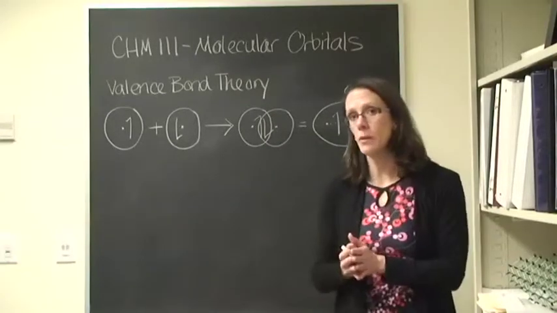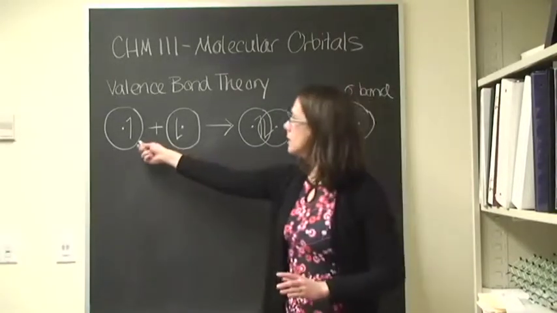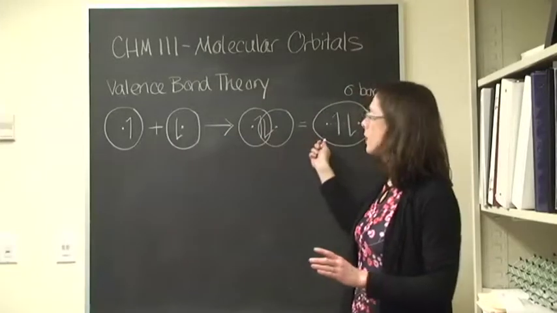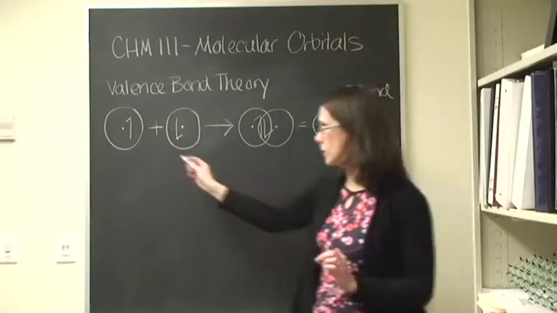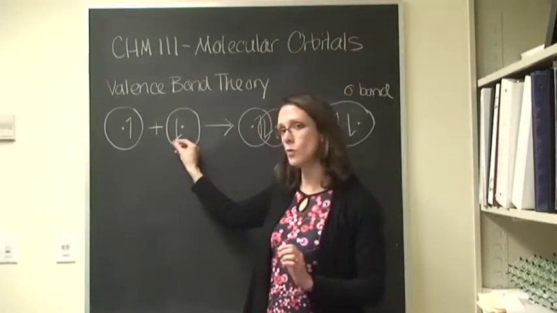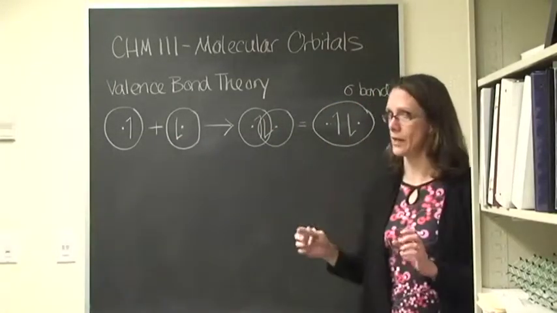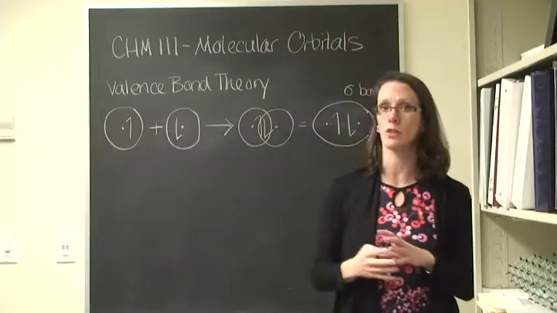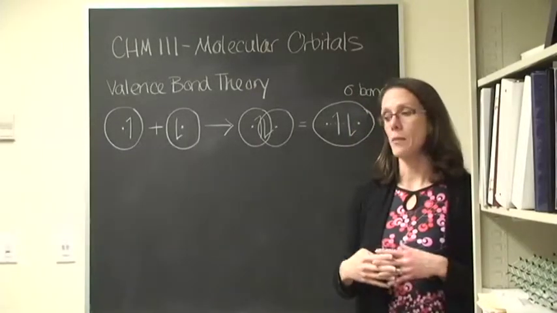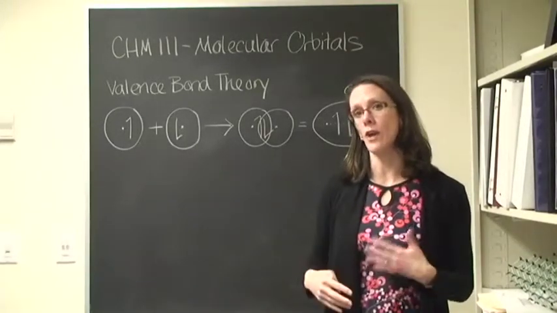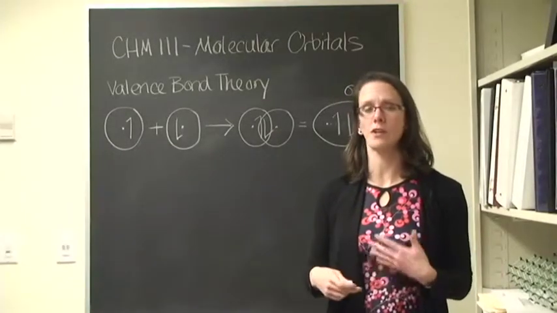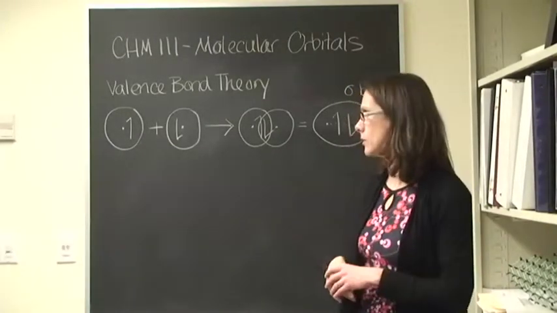If we go back to quantum mechanics, we've actually done something here that we're not really allowed to do. We started with two 1s orbitals, and we ended up with essentially one orbital, right? One region of space where two electrons belong. And in quantum mechanics, we're not allowed to do that. We are not allowed to lose orbitals, and the technical name for that is conservation of orbitals.